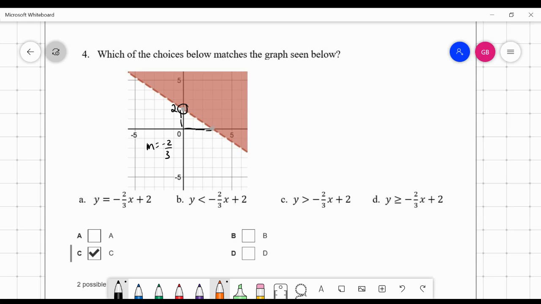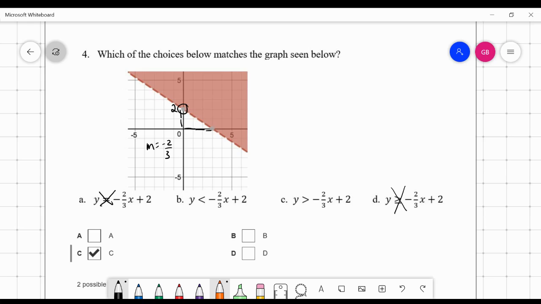So now we have to look at the inequality. We want to see which one works. Okay. It's definitely not the equal sign. Okay. Because we have one side shaded. And it's definitely not this one. It's not letter D, because the line is not solid. So it's either going to be above or below the line.